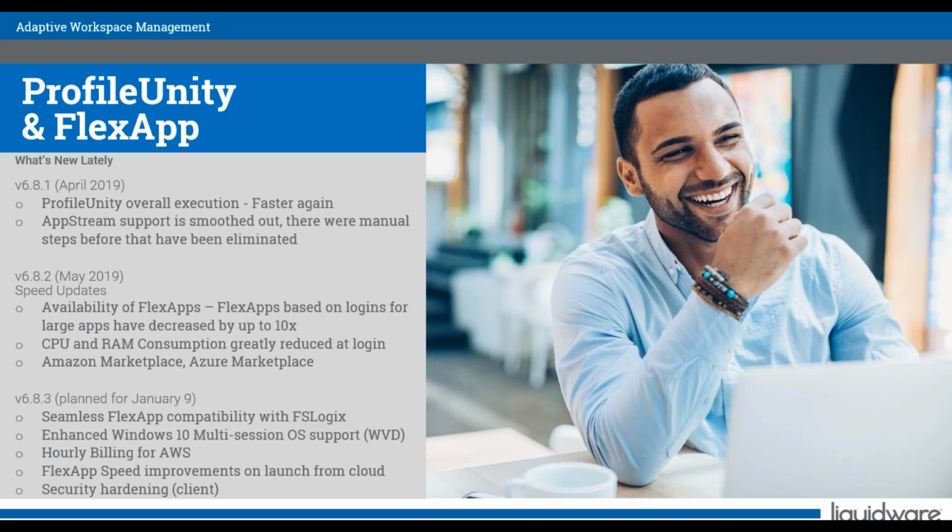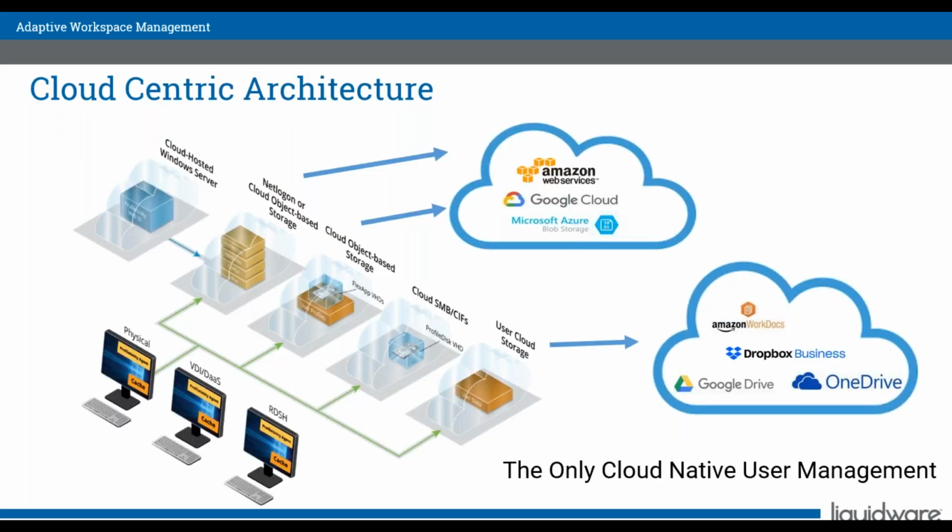We worked to harden the security of our ProfileUnity clients even further. So you want to make sure that you at least put something on your schedule to upgrade in January to get all the things that you had for 6.8.3 and before. So that takes us through what's new with ProfileUnity and FlexApp.